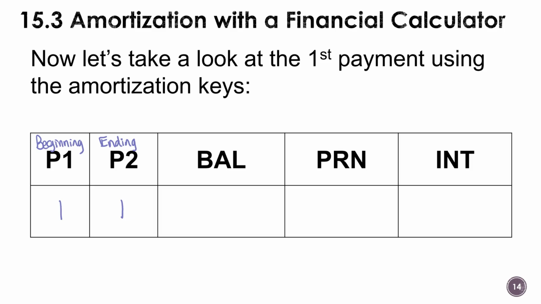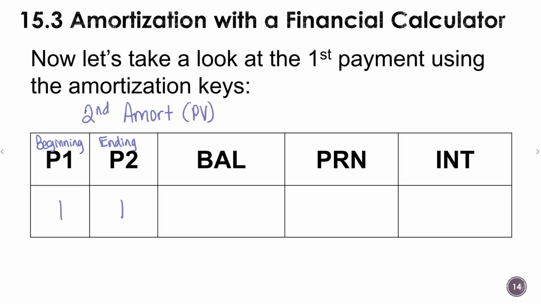So when you do this, you're going to be able to look at each of these: balance, principal, and interest, and it's actually in that order too. So when you go second AMORT, remember to do that, second AMORT on your calculator, that is above the key PV.